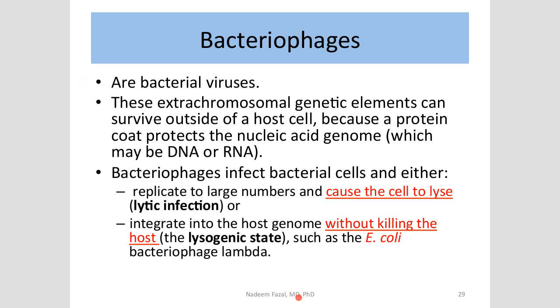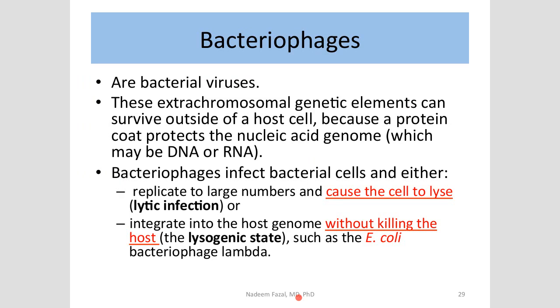So they survive on the bacteria, divide over there, and then they split. When they split, by lysing that bacteria, they will pick up some of the genetic elements from the bacteria. They'll pick up a portion of those plasmids as well and pass it on to other bacteria because they're going to infect more.